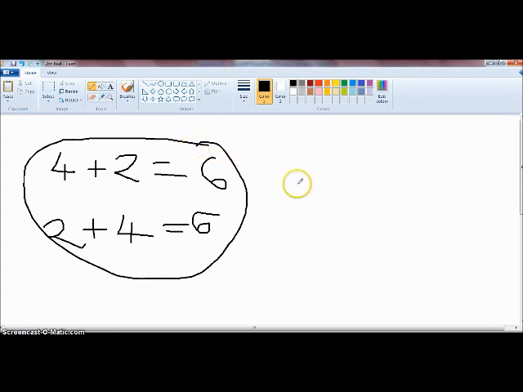Okay, so if we are multiplying, it will still be the same thing. If I'm multiplying 2 times 3, it will be 6. If it is 3 times 2, the answer will still be 6.